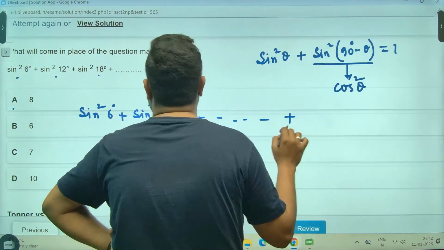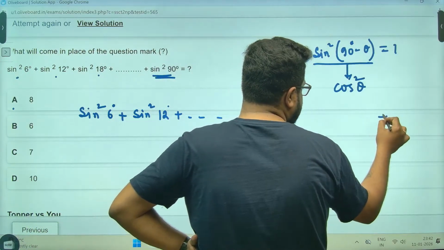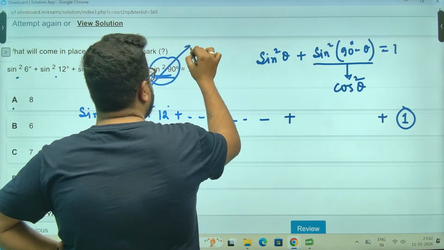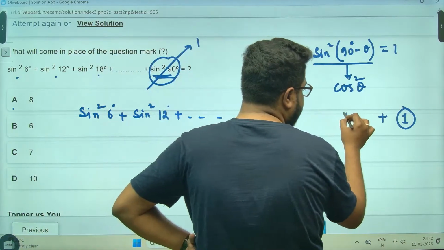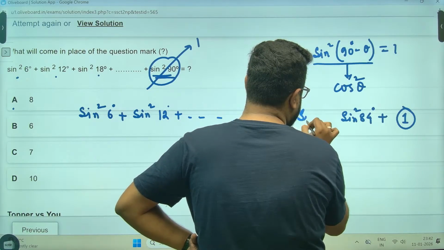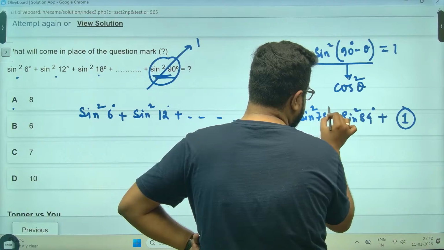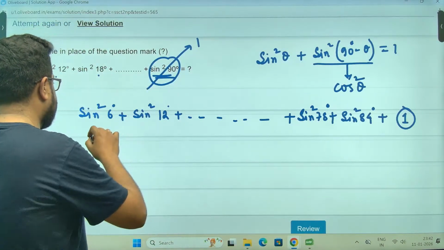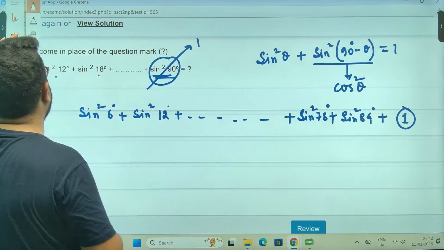And the last couple of terms also let me write. Sine square 90 degrees, that is 1, sir. Before that will be sine square 84, 6 less, then sine square 78, again 6 less.